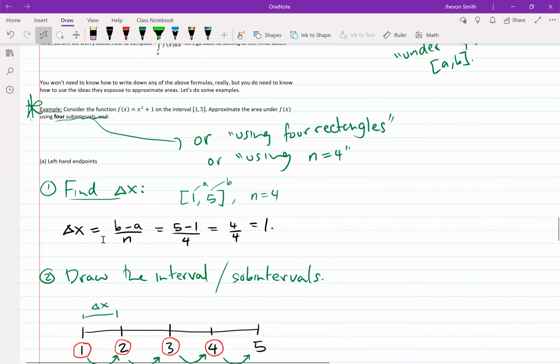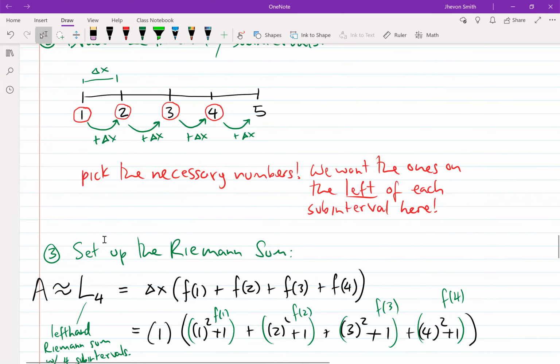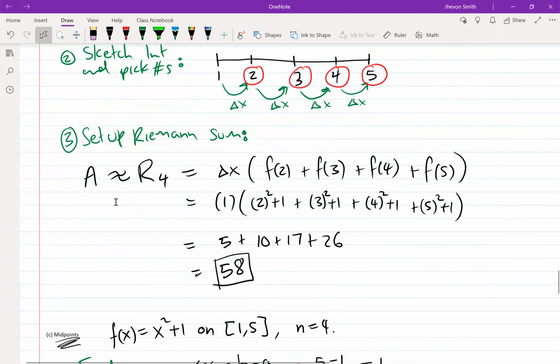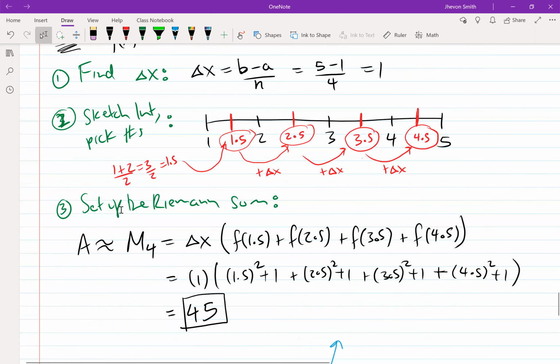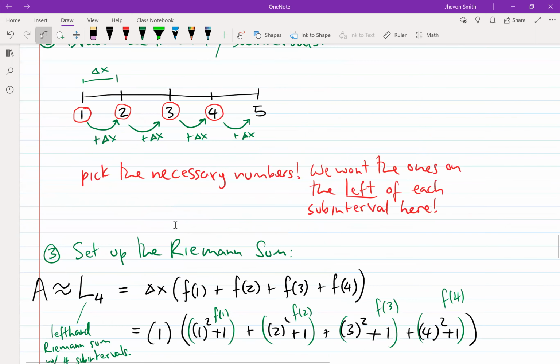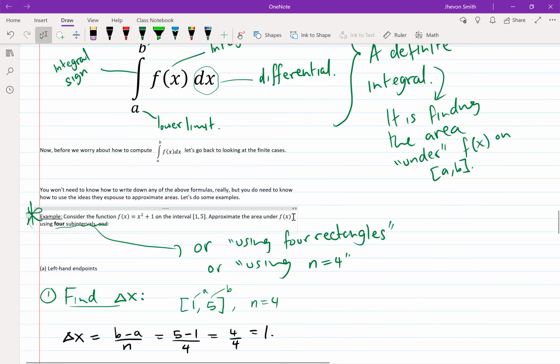And here's how to actually do the left-hand rule, the right-hand rule, and the midpoint rule in calculations for the finite case. A problem that I would ask you to do in this section would look pretty much exactly like this. I'm going to give you a function and an interval, and ask you to approximate the area under this function using some number of intervals.